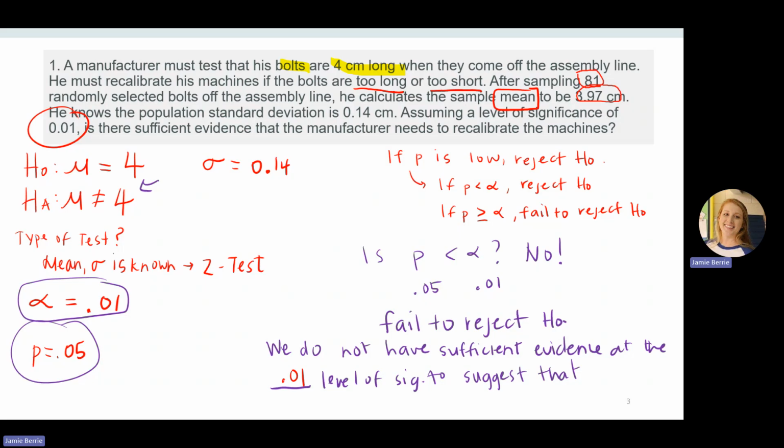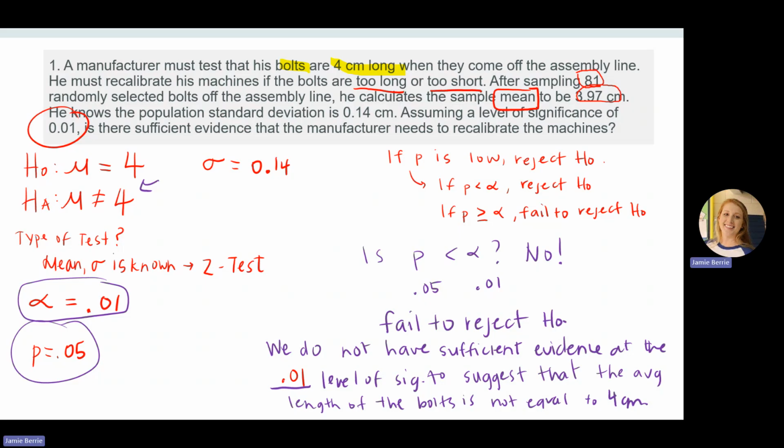So to suggest that the average length of the bolts is not equal to 4 centimeters. That was the second blank. It was just a rephrasing of the alternative hypothesis.